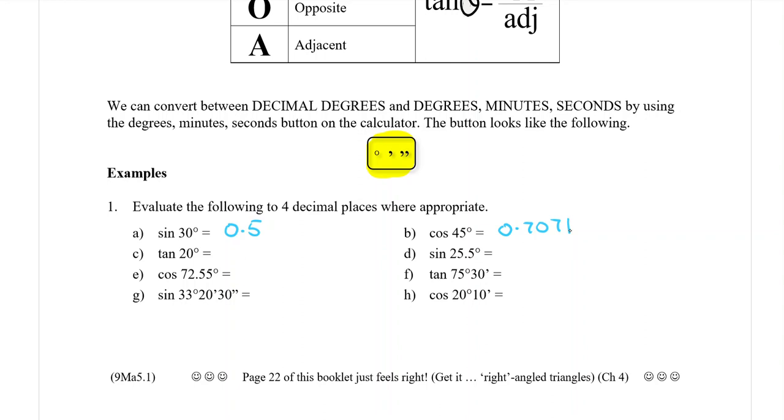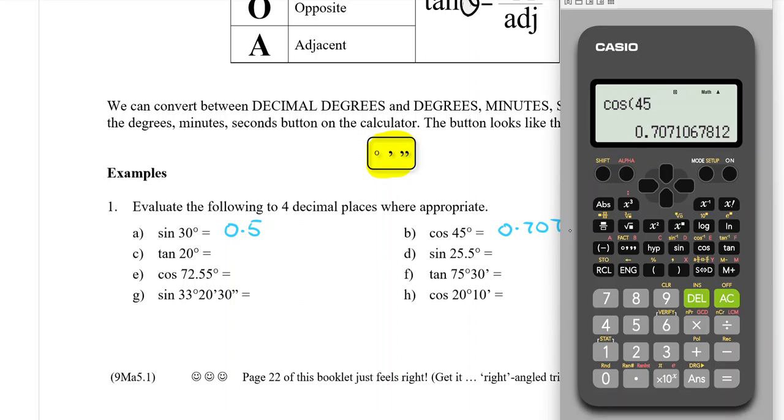Let's do another one. You guys get a head start on me. See if you can type in tan of 20. Okay, just press the equals button. And we want 4 decimal places again. So decimal point, 1, 2, 3, 4 is the 9. Oh, this time's tricky because it's a 7 after it. 7 means I have to round up.